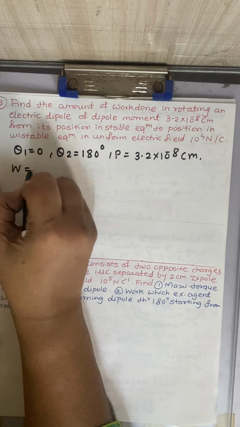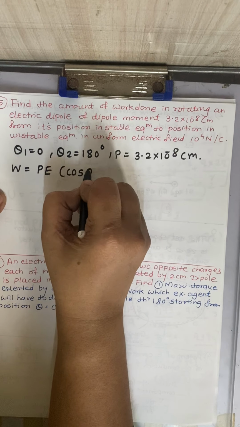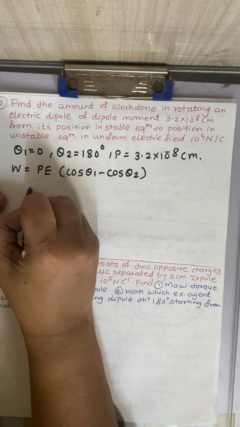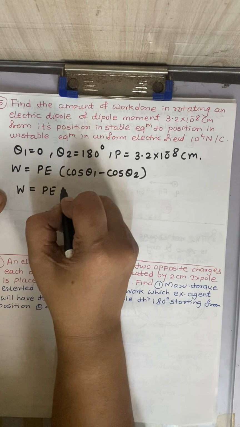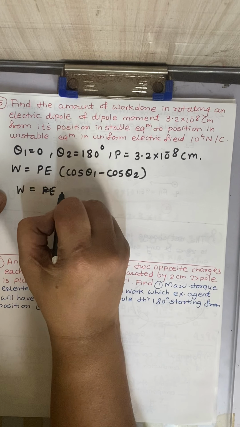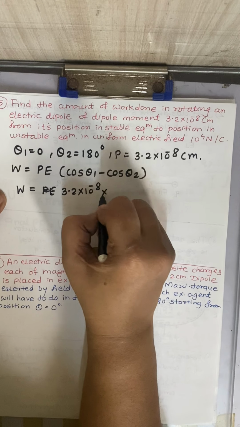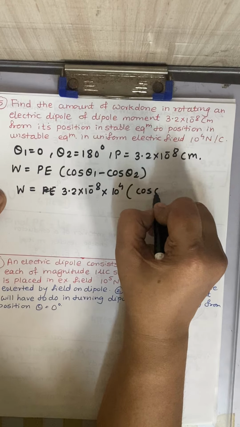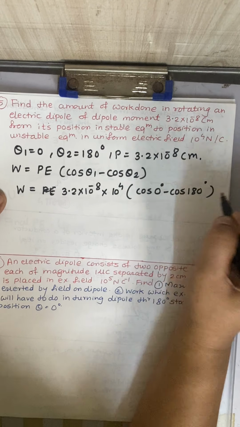Now work done is equal to PE (cos theta 1 minus cos theta 2). This is the general formula. We put the values: P is 3.2 into 10 raised to minus 8 and E is 10 raised to 4, inside the bracket cos 0 minus cos 180 degree.